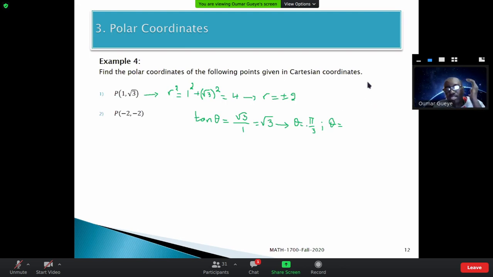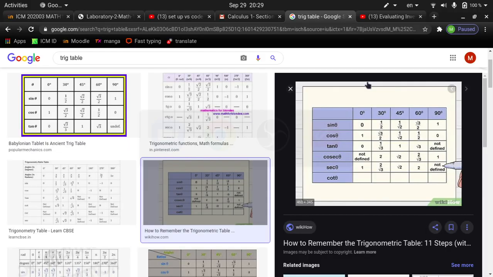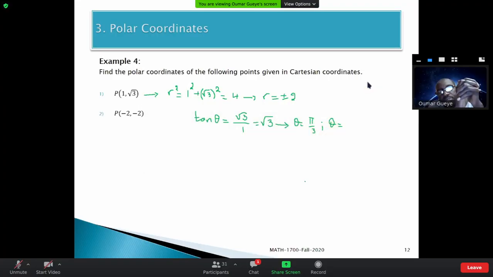And which angle again? So this is in the first quadrant. And in the second quadrant, is there any angle for which the tan equals √3? Second quadrant, so between pi over 2 and pi. Now, the next angle is in the third quadrant. 120?